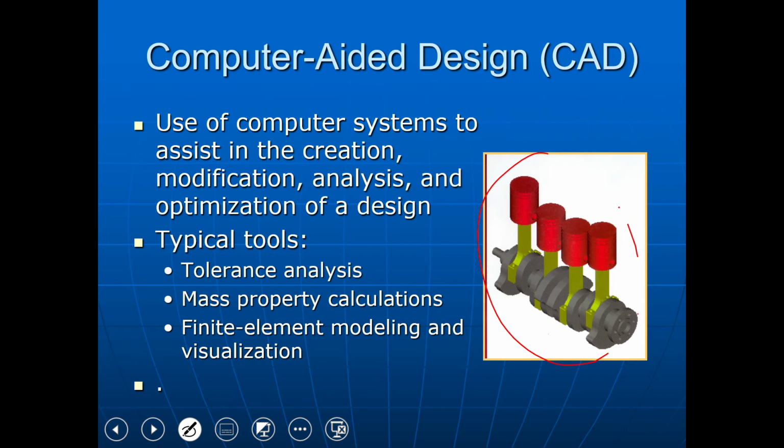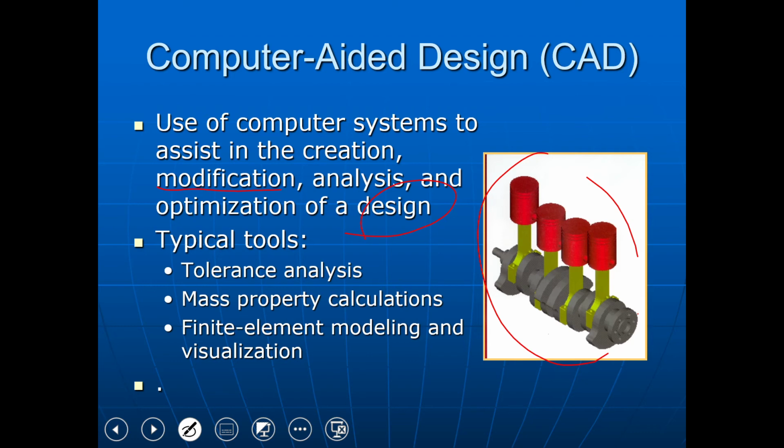For example, we want to design this one. We use that software to make the model, and then do some analysis, and then after the analysis, we do optimization, and then evaluate our design, and then we make changes to the drawing, modification, and then we have a final design. That is how we use CAD.